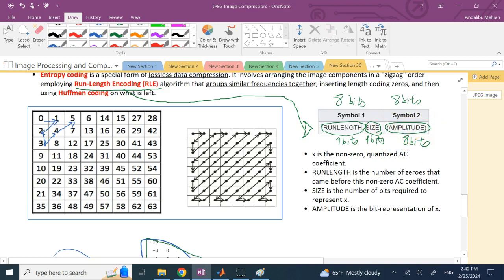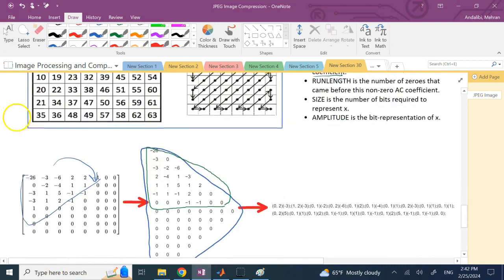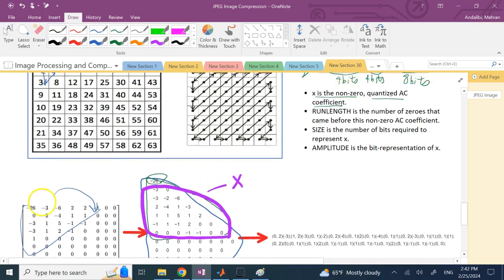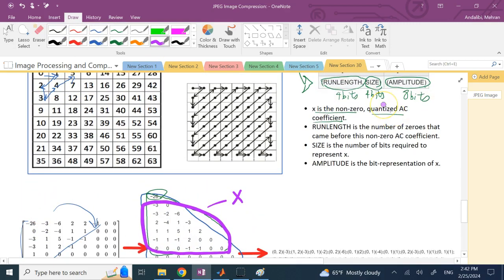Okay, so what are these 3 variables? If x is your non-zero quantized AC coefficient, so basically any of these numbers, not that one, not that one, the rest of them, all of these AC components, then the way you store it is what?